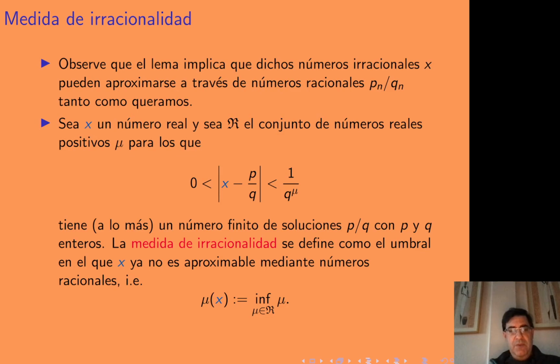This mu is fixed, and has a finite set of solutions. So if you have a finite number of solutions p over q, then mu is in your set. If you have infinite solutions, then mu is not in the set. So the irrationality measure is defined as the infimum of these values mu.